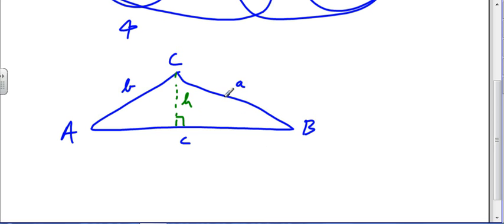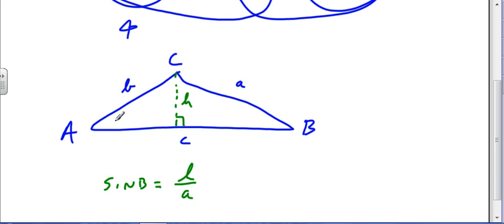The only thing I can say is that the sine of B is going to be H over A.